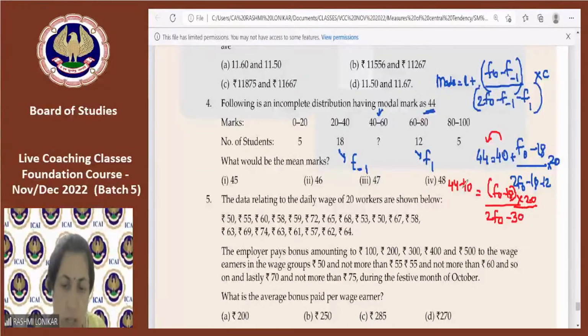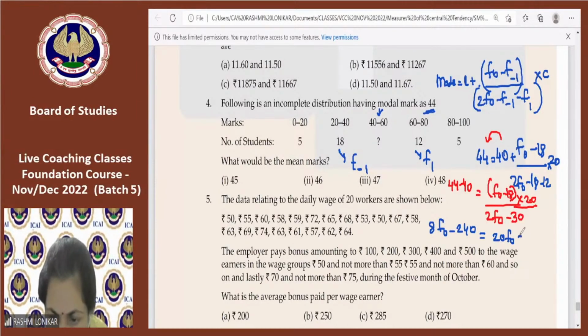44 minus 40 is 4. So 4 into this is 8 of F0 minus 240, which is equal to 20 times F0 minus 360. So I take this 8F0 to this side and this to this side.